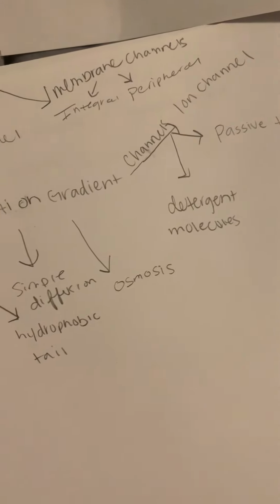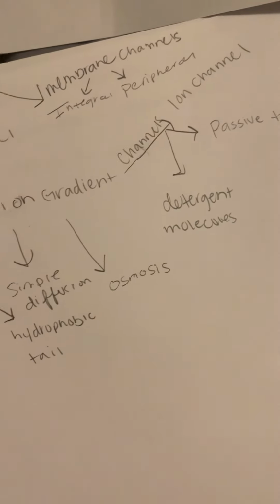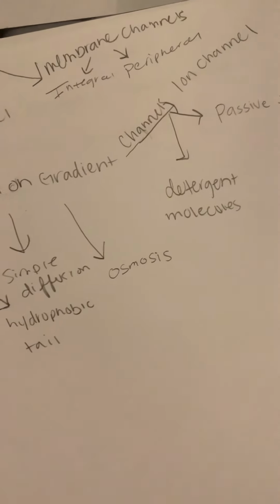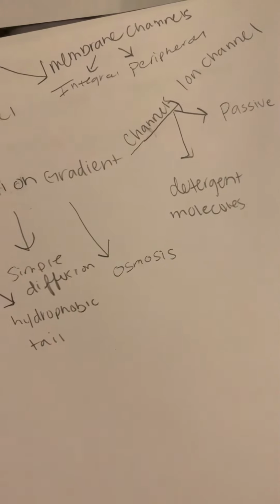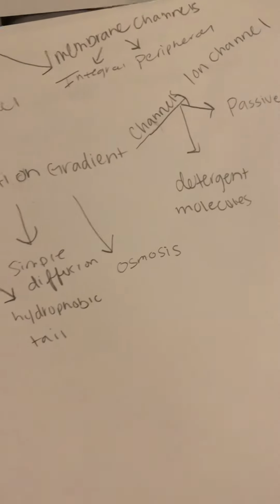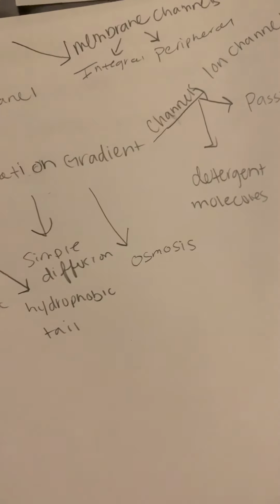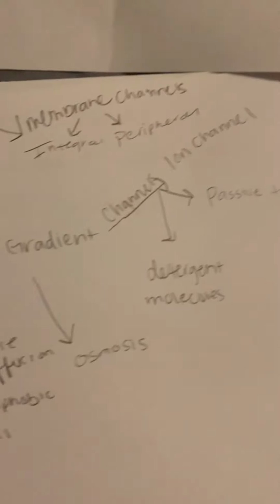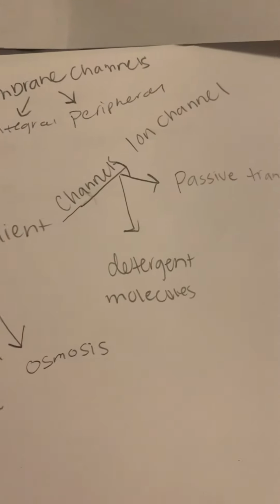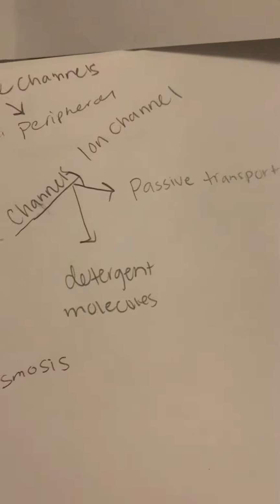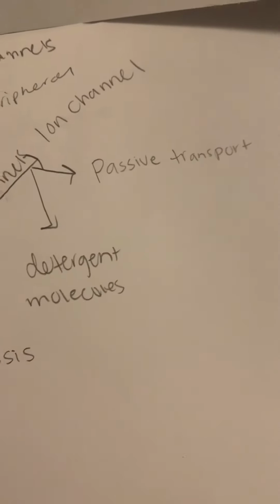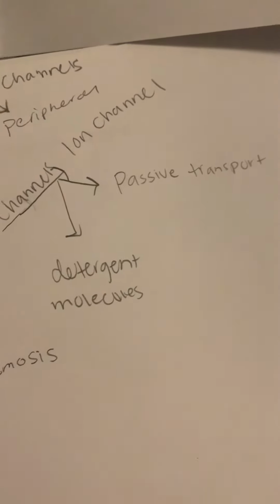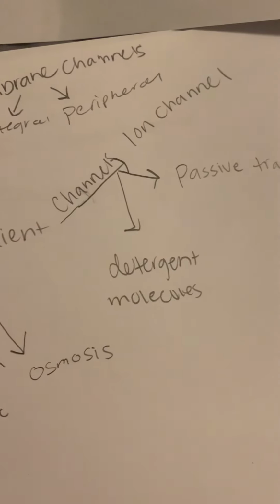And in osmosis, the solution on one side of a membrane is less concentrated than the other, maybe. And so they interact for a while and they eventually become equal. And then the channels based on that are the ion channel, the passive transport, and the detergent molecules.